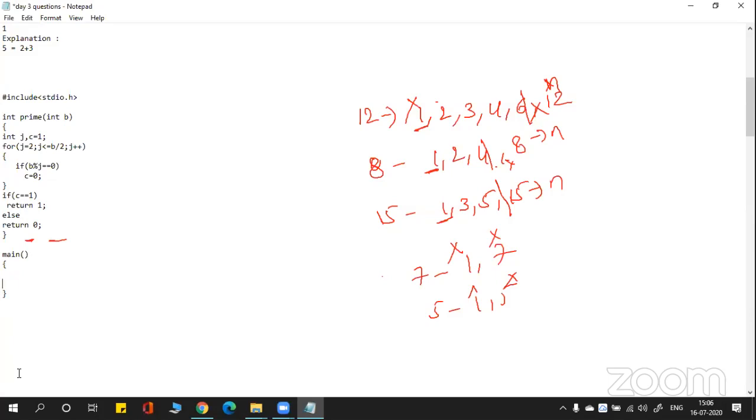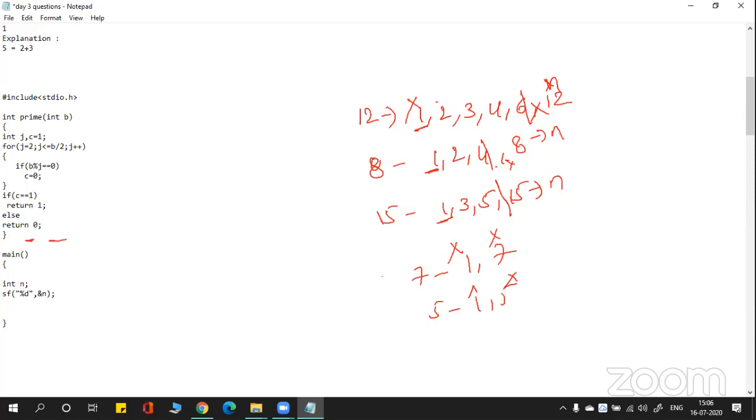They'll be giving us only one input. What is that input? The n value. So I'm declaring int n, then scanf ampersand n.